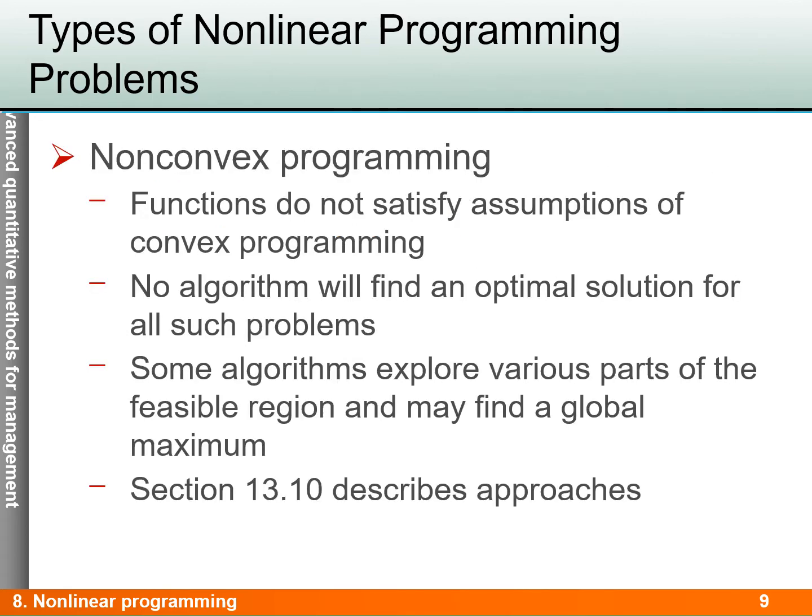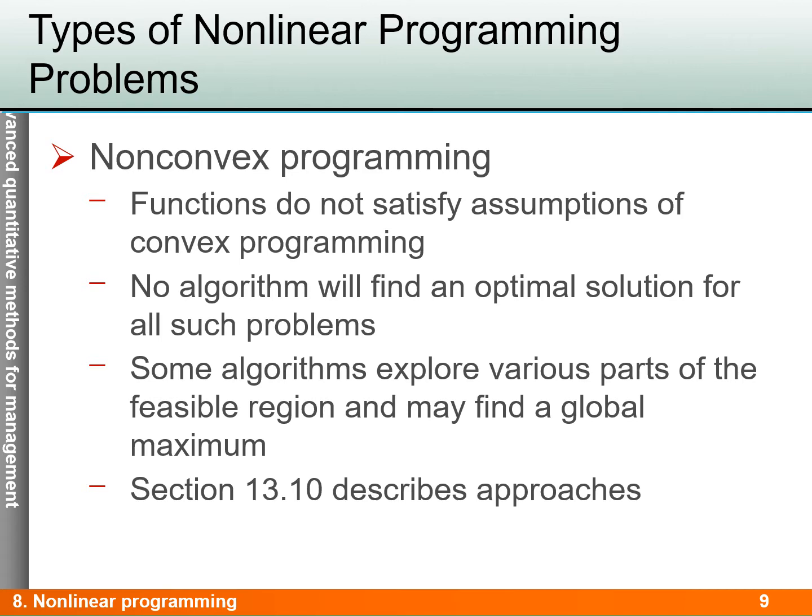The next type of nonlinear programming problem is non-convex programming, which encompasses all nonlinear programming problems that do not satisfy the assumption of convex programming. Even if you are successful in finding a local maximum, there is no assurance that it will also be a global maximum.